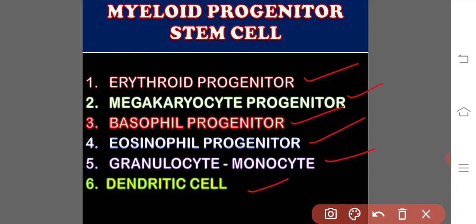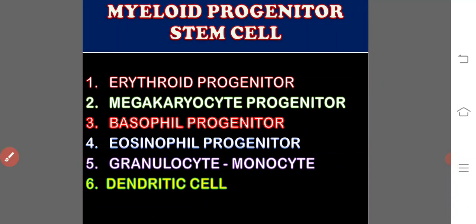Erythroid progenitors produce the erythrocytes or RBC, megakaryocyte progenitors produce the blood platelets, basophil progenitors produce basophils, eosinophil progenitors produce eosinophils, and granulocyte monocyte progenitors produce neutrophils and the monocytes, and finally the dendritic cells.